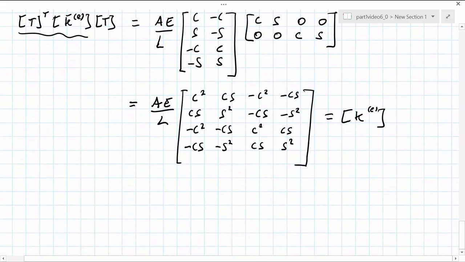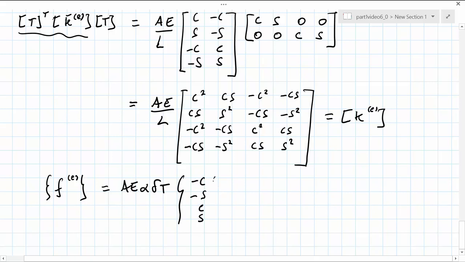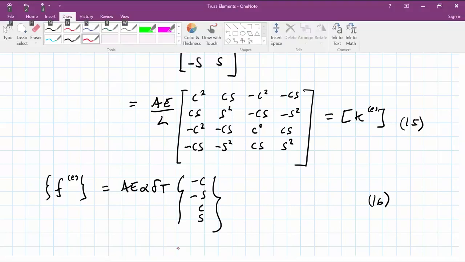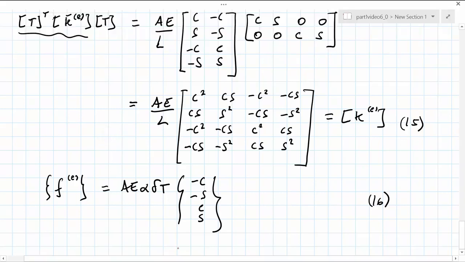For the element vector in global coordinates, we have A, E, alpha delta t times by minus C, minus S, C and S. Finally, we can indicate the element degrees of freedom in the global coordinate system along the rows and columns of the matrices.